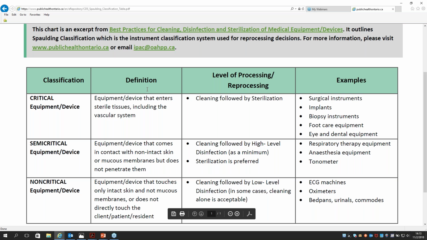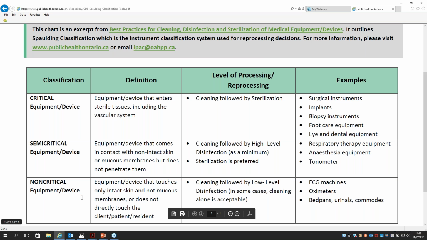And it gives you the definition of what kind of contact it has with the person. Critical equipment is a device that enters sterile tissue, including the vascular system: cleaning followed by sterilization. Examples are surgical instruments, implants, biopsy instruments, foot care instruments, eye and dental equipment. Semi-critical are devices that come into contact with non-intact skin or mucous membranes but do not penetrate them: cleaning followed by high-level disinfection as a minimum, though sterilization is preferred. Examples are respiratory therapy equipment, anesthesia equipment, and tonometers.